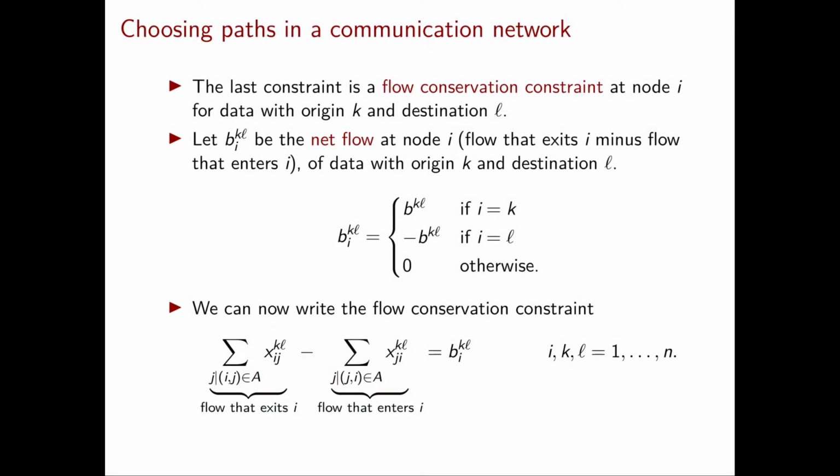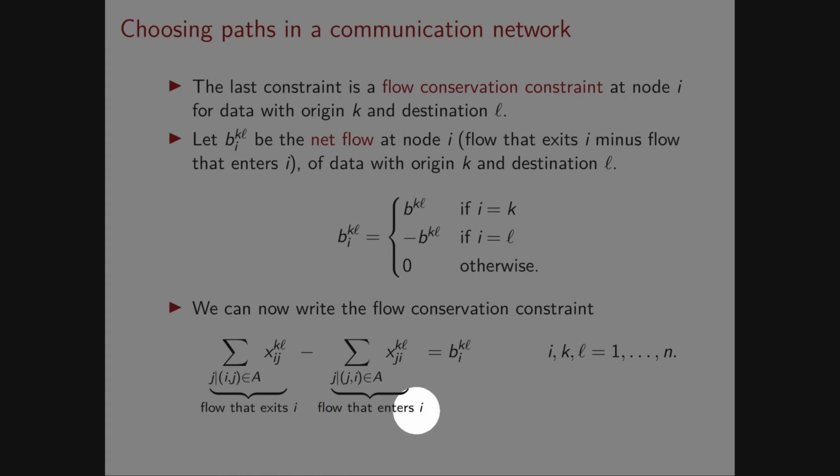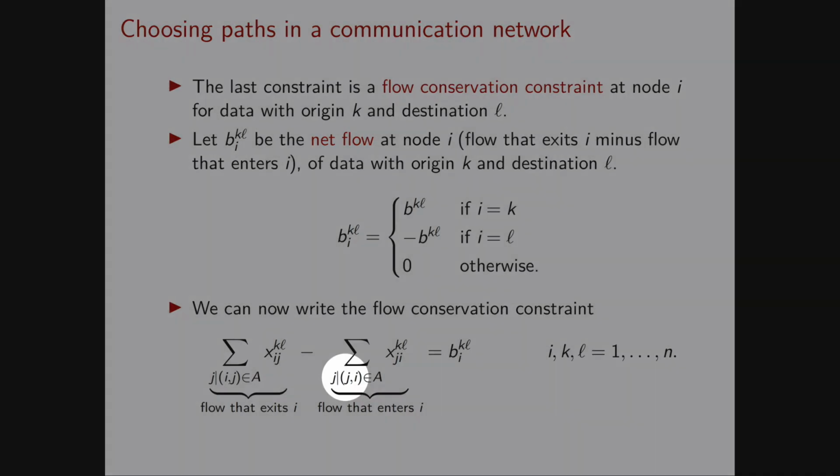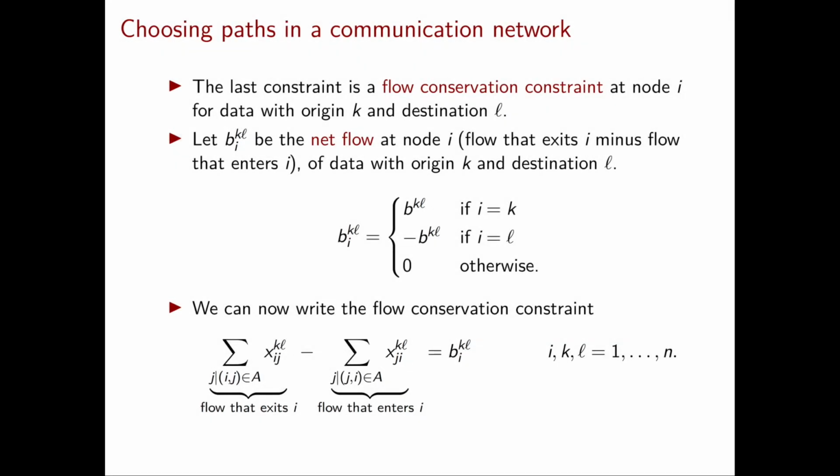Then from this quantity we need to remove the flow that enters I, and this is very similar. However, such a flow will enter through a link of the type ji for any possible j, and we're summing x_ji^kl. In this way, we have written our net flow at node I with respect to the flow with origin K and destination L.